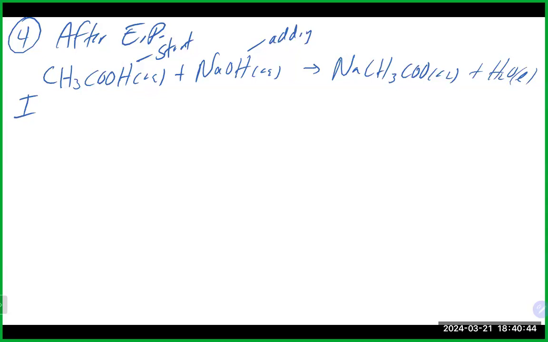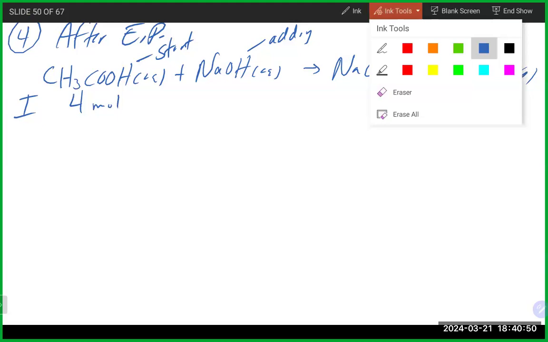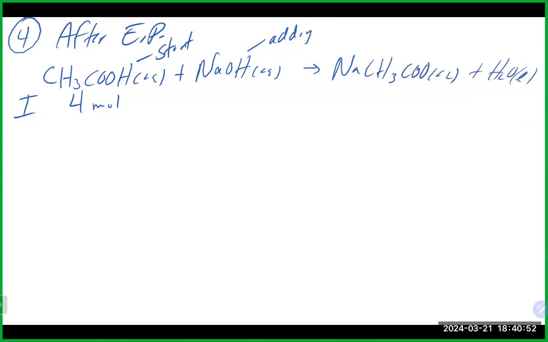So we are going to do an ice table here again in moles. I'm going to start with my magical 4 moles here. Now we know that we are past the equivalence point, so you're going to correctly tell me that the moles of the sodium hydroxide should be more right at this point, right? So we'll go with 6 and 0. Again, we get the same sort of switch that occurs at this point in the titration because you're dumping way more sodium hydroxide.